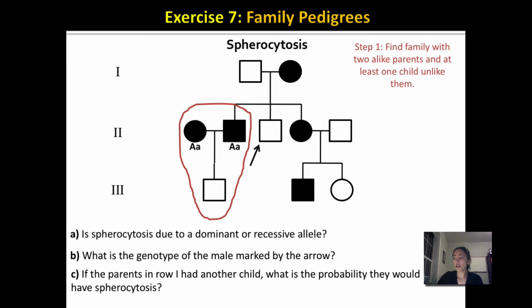And again, I think the easiest way to do this is to make a little key. So we know now that these parents are heterozygous, so they have to be expressing the big letter, and that equals shaded. And the little letter would have to equal unshaded.